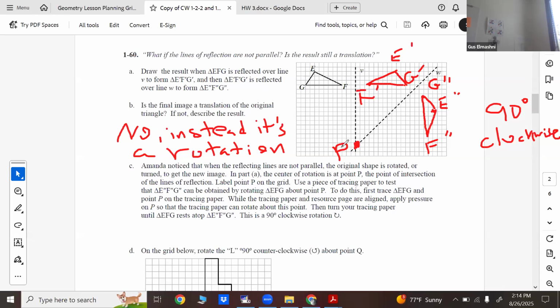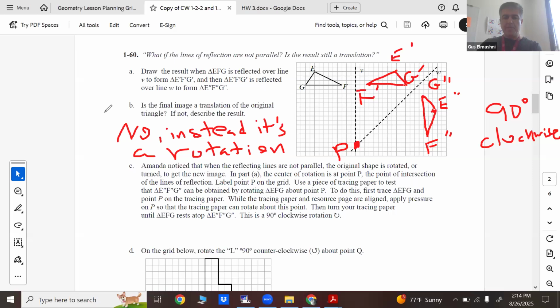Kind of hard to tell, but draw a cross. So put your paper like this, and you'll trace this, and then rotate that cross 90 degrees clockwise. As you do the rotation, what you'll notice is that it's going to be in the same orientation as the last image.